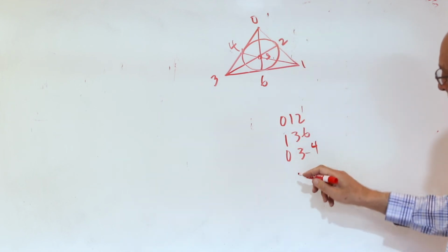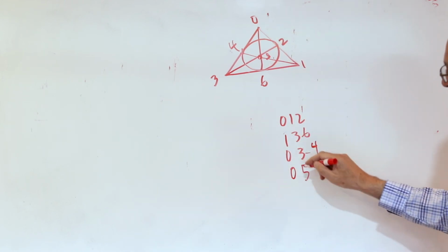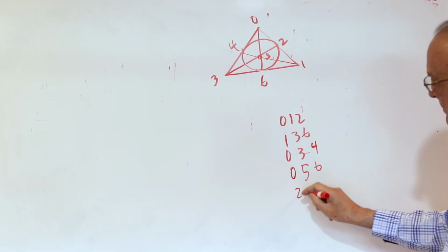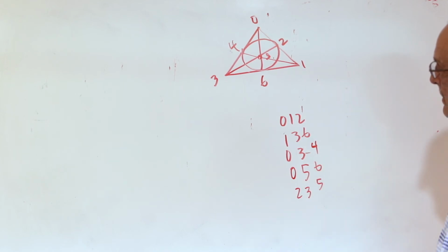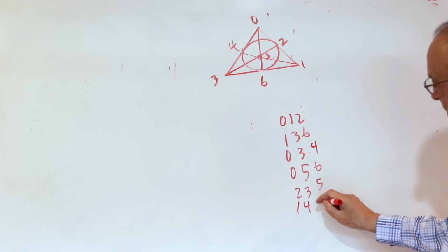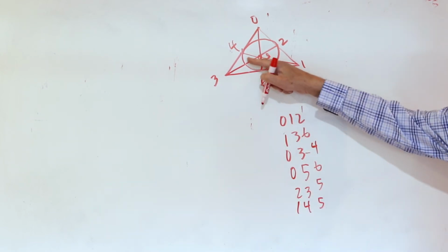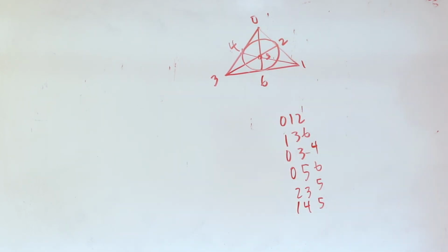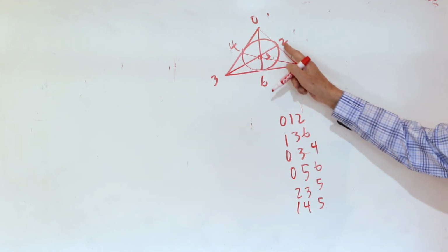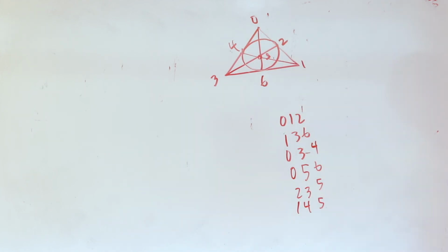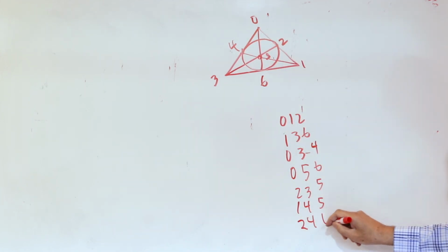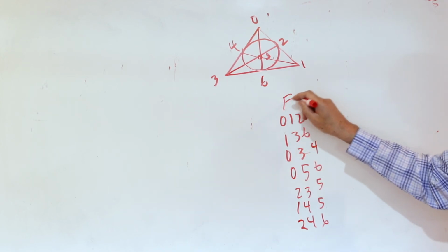So 0, 5, 6, 2, 3, 5, and 1, 4, 5. Now it doesn't look like a line, but this circle is actually a line in this finite geometry. So the last triple is 2, 4, 6. So this is a final plane.